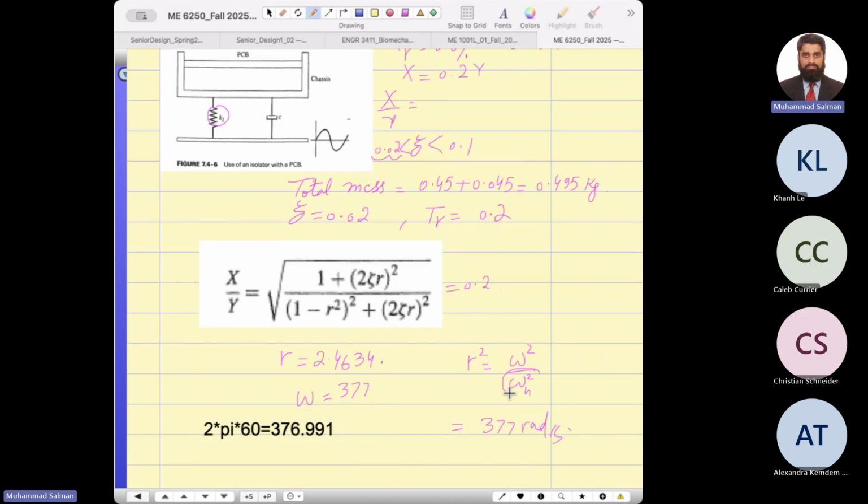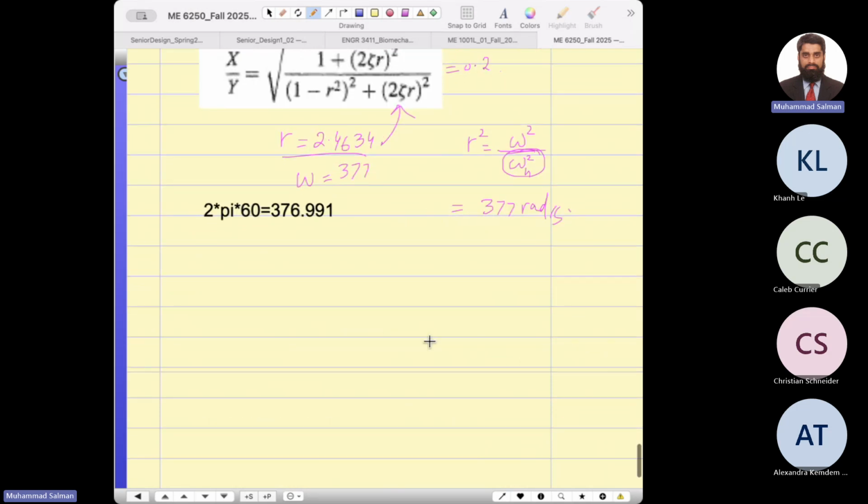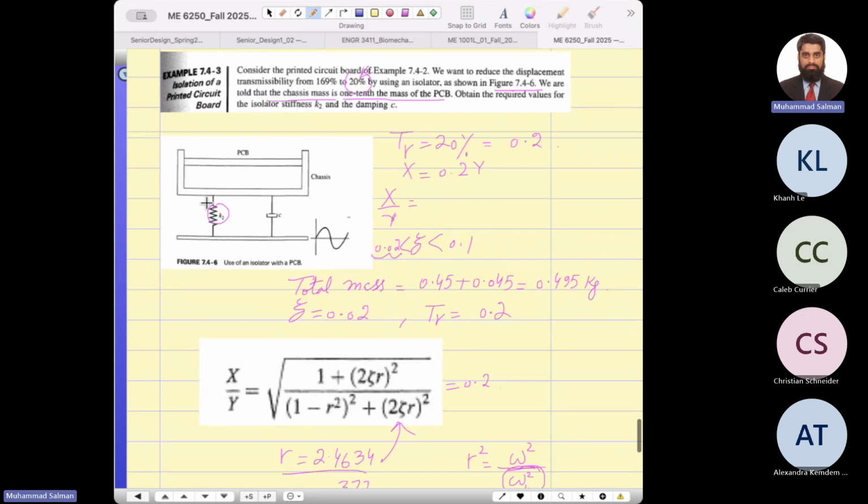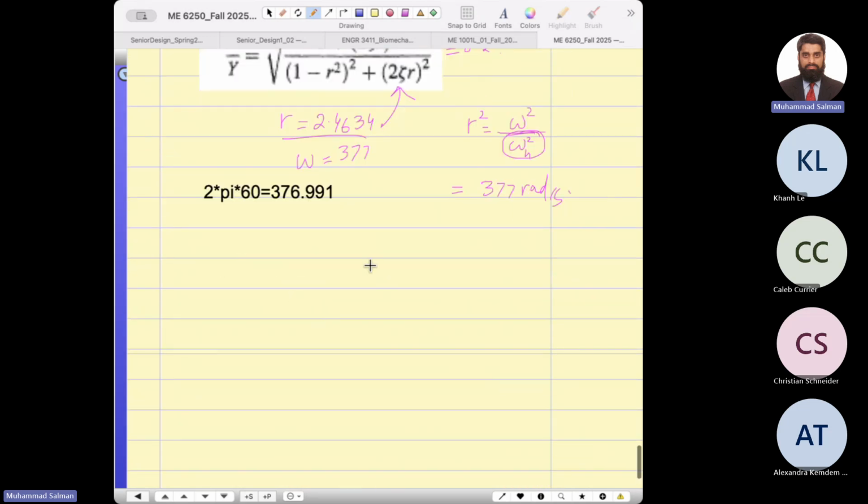Can you find omega n squared from here when you know R from this transmissibility ratio equation? Of course you can. And remember that omega n is the natural frequency of the isolator. Omega n squared equals K2 over M. So I would consider this the effective mass.